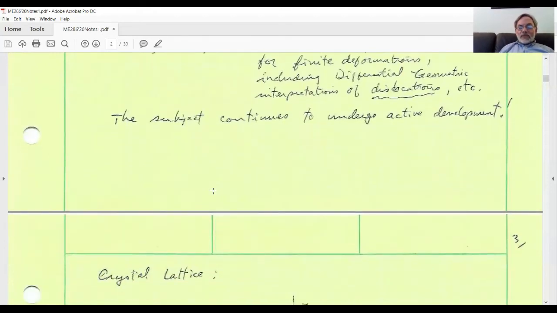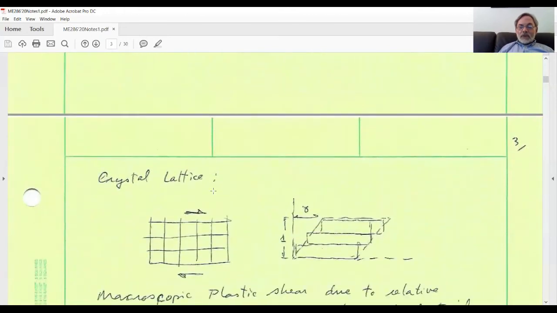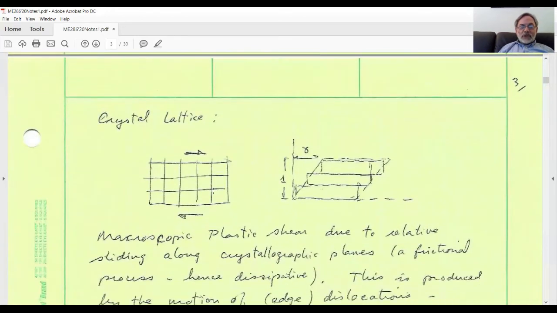But enough is well established now that a course can be justified concerned with the aspects of broad agreement in the subject.